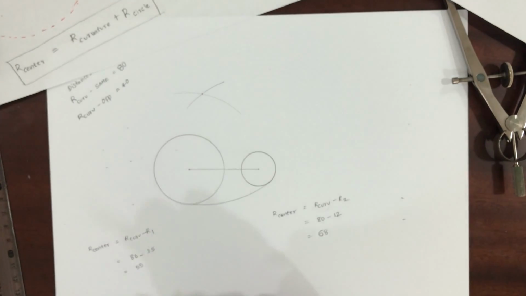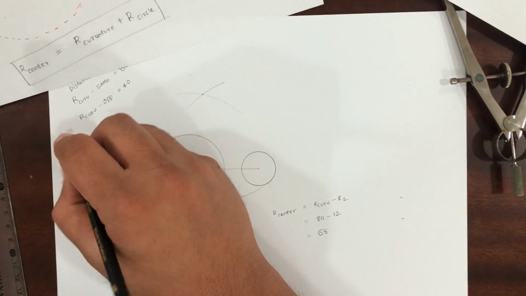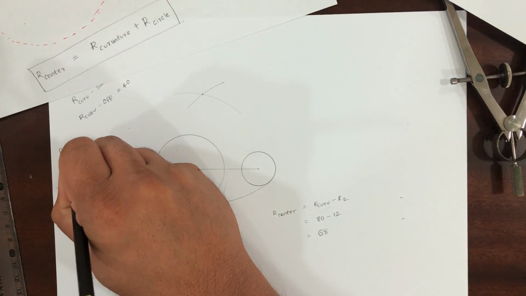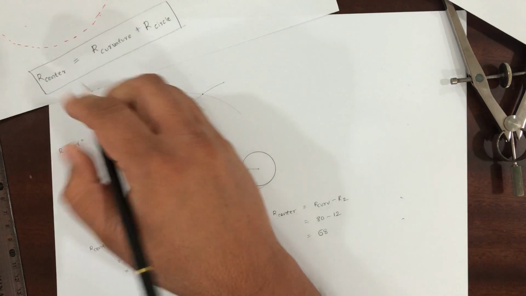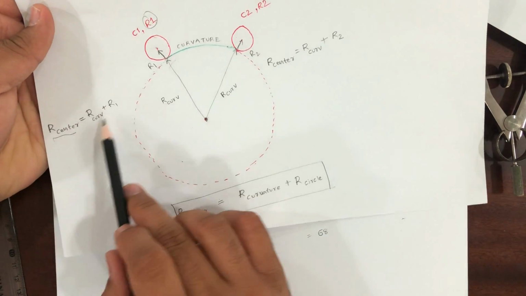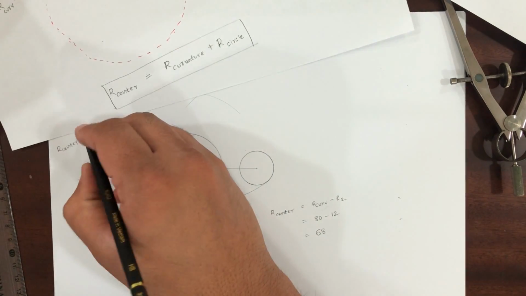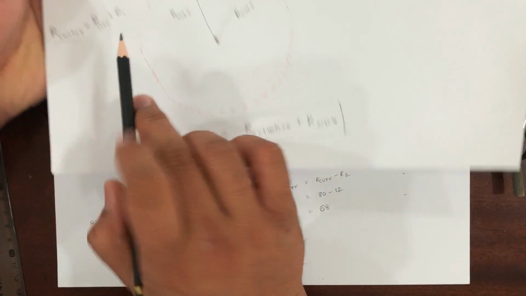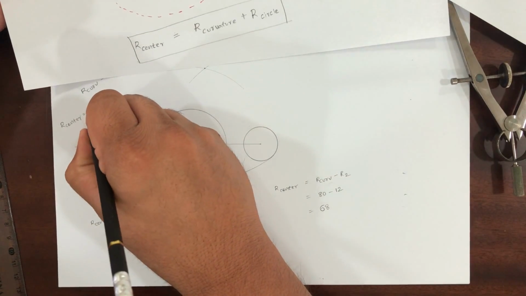Now what are the formulas for the opposite side? R center equals R curvature plus R1.